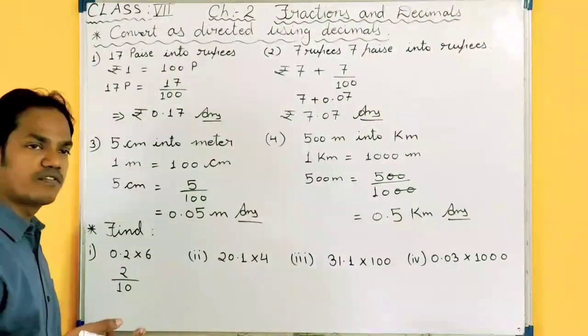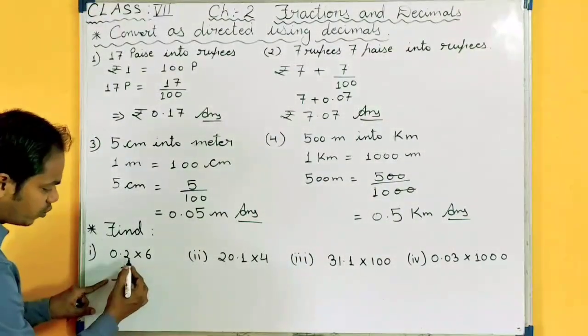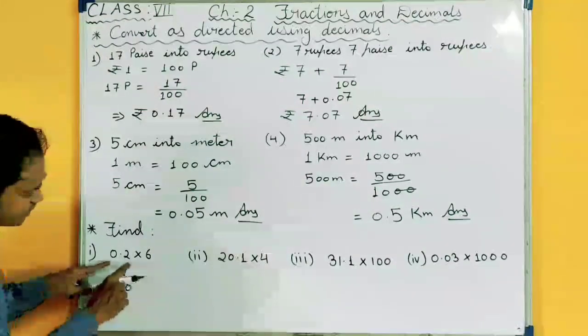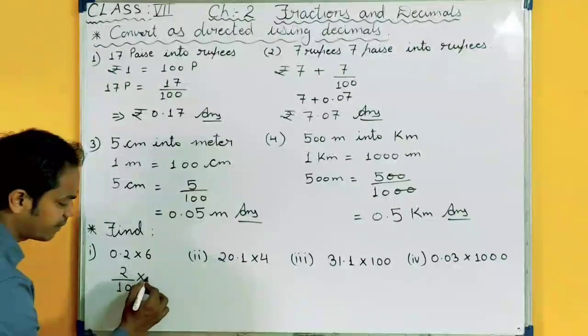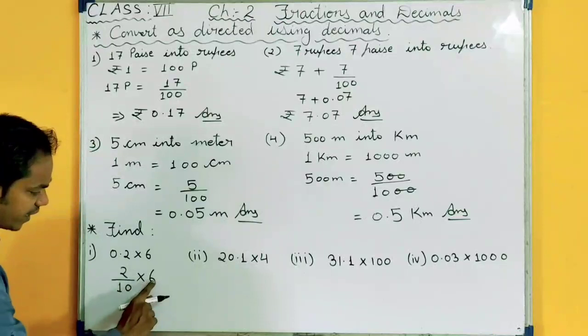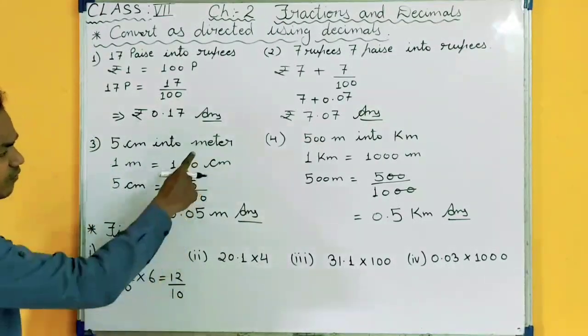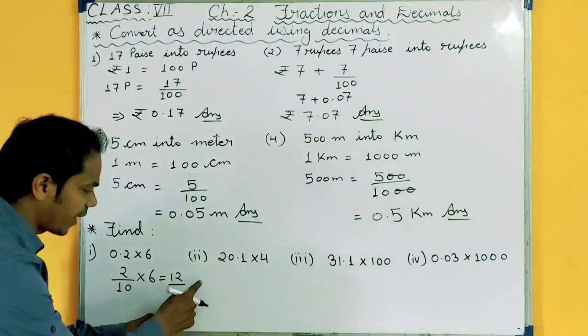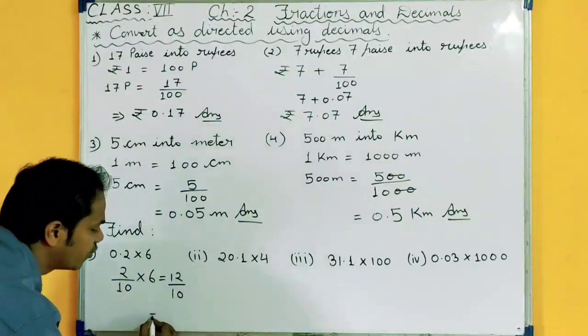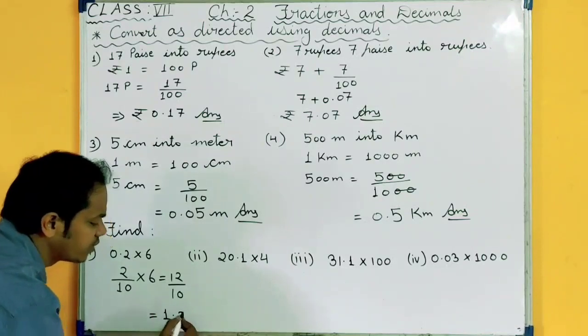If you get 3 values you will write 1000. So 0.2 can also be written as a fraction. This is decimal and this is fraction. Multiply by 6. So what you will get? 6 twos are 12 upon 10. Just now we have learned 1 zero. From right hand side count 1 value and put 1 point. So 1.2 is your answer.